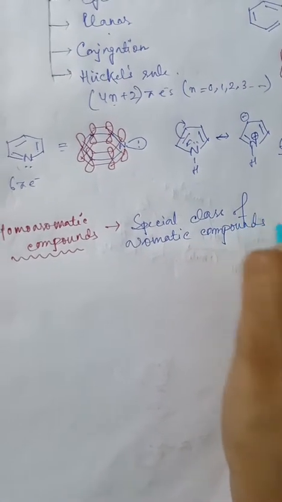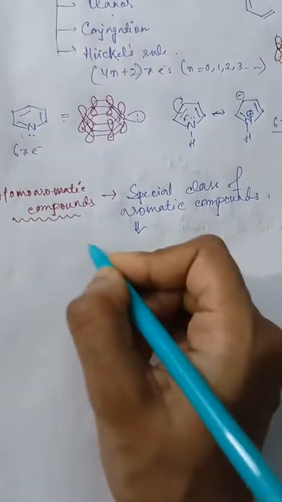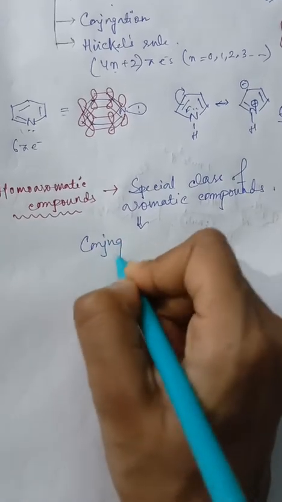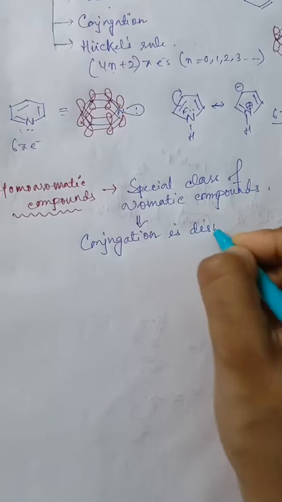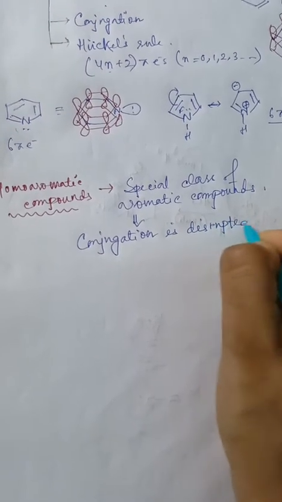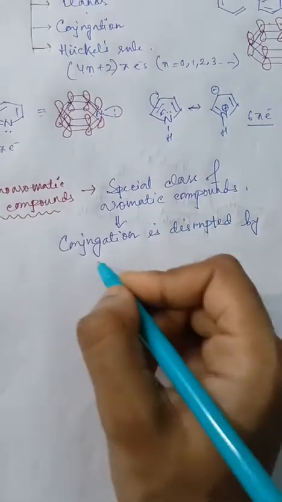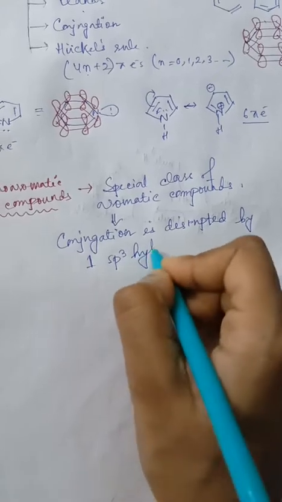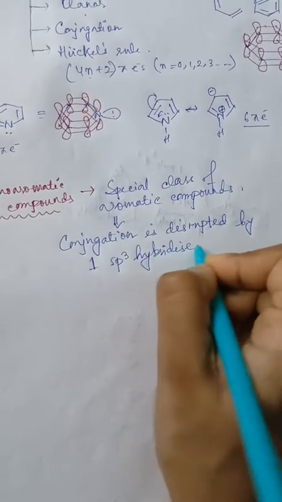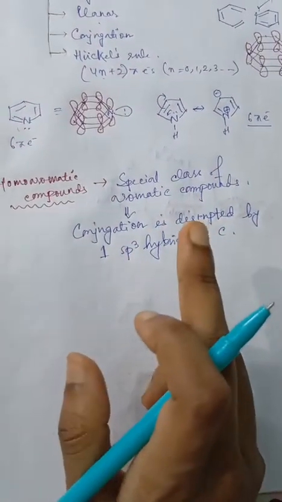Now, why special? Because here the conjugation is disrupted. Disrupted means there is an obstacle, disrupted by one sp3 hybridized carbon. Otherwise all carbons would be sp2 and planar, but here there will be one sp3 hybridized carbon.